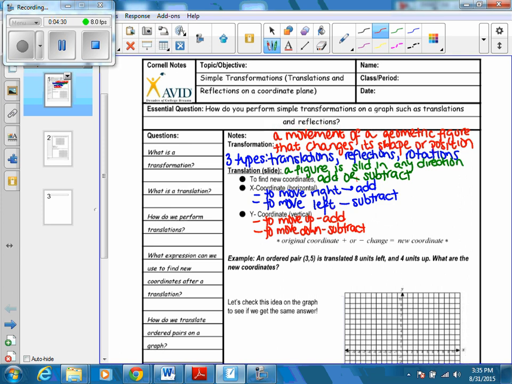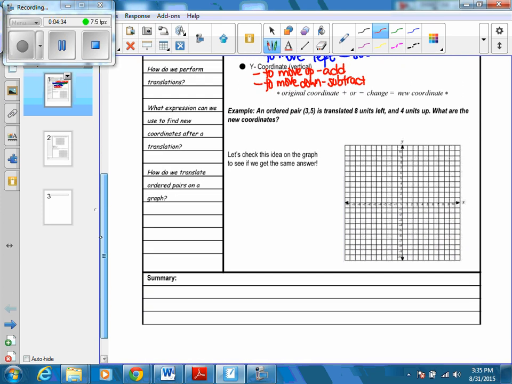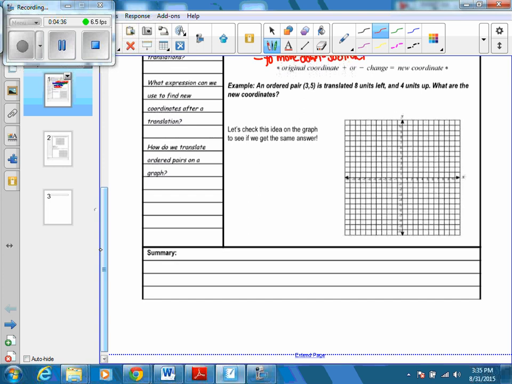All right, so let's see if this makes a little bit more sense. Let's look at an example. For my example, it says, the ordered pair (3, 5) is translated 8 units left and 4 units up. What are the new coordinates? My x coordinate is going to be 3, and it says it's moving 8 units left.